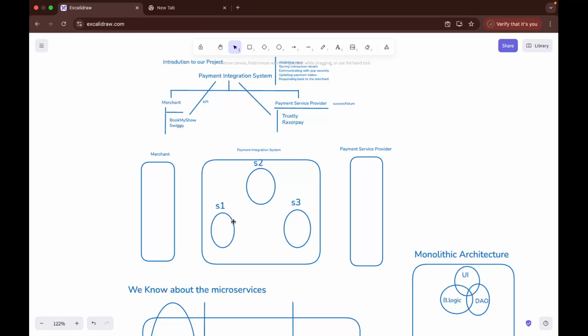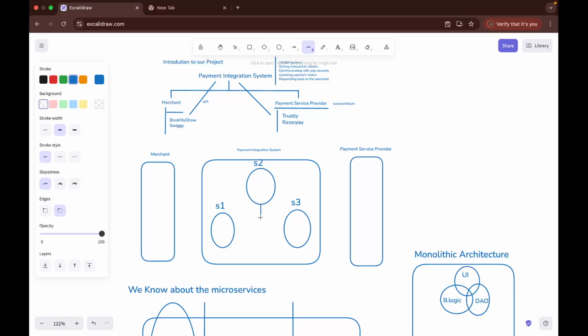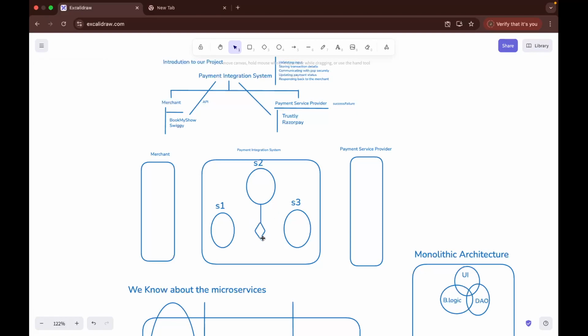Then, if it is valid, it forwards the request to the processing service. The processing service maps the request and stores the data in the database. It prepares another API call, and now it talks to the Trustly provider.